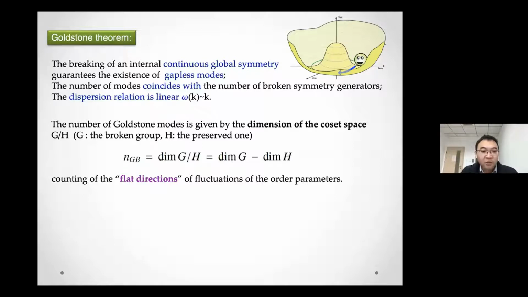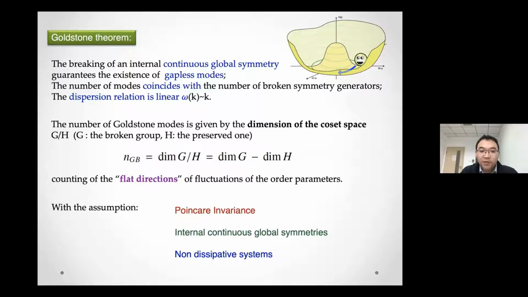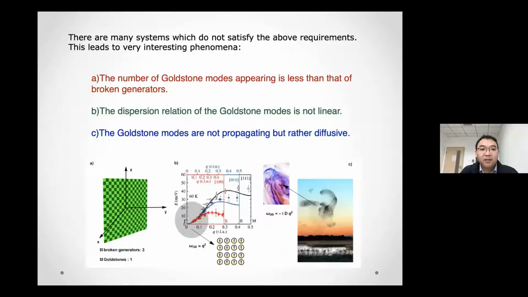To have this very nice and strong result, we have some additional requirements. We consider Poincare invariance, internal continuous global symmetries, and non-dissipative systems. But there are many systems in nature which do not satisfy these requirements, and this leads to very interesting phenomena.